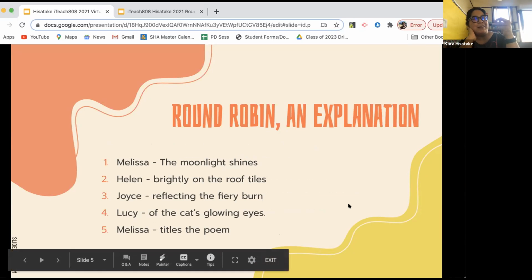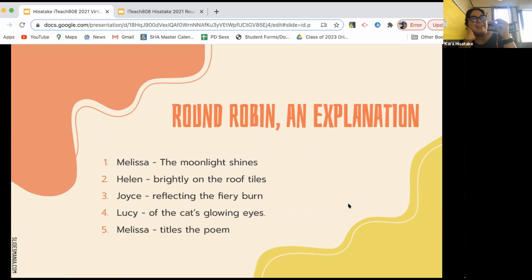So this is a really short and quick example of what a round robin might look like if you had a group of students writing a poem. So you could say, this group is writing a poem, and we're gonna go in turns writing lines.